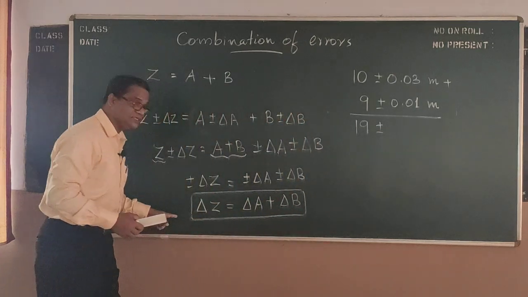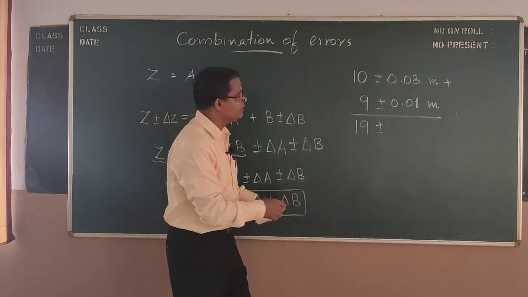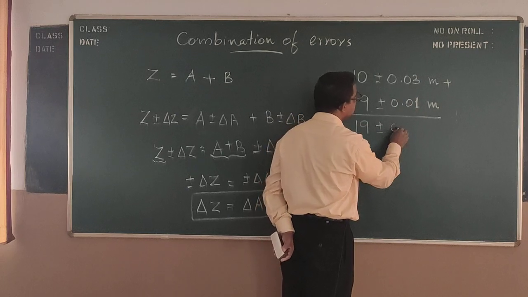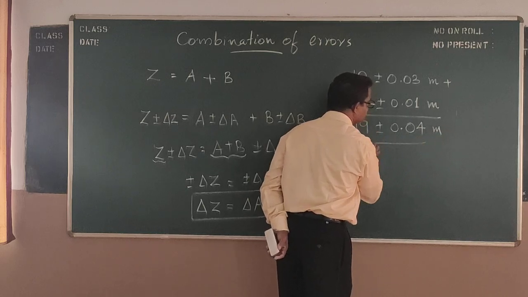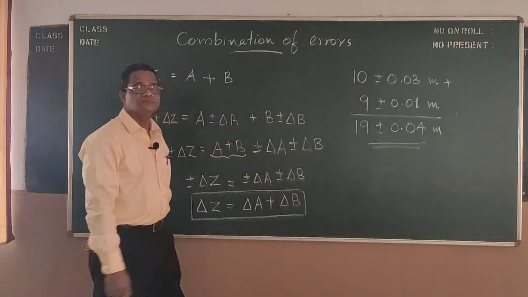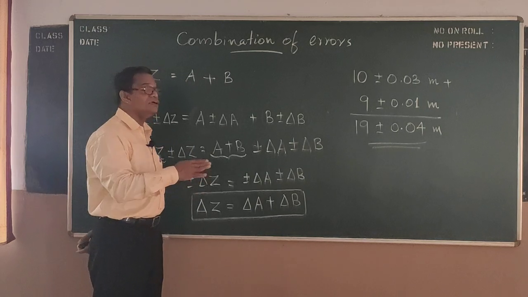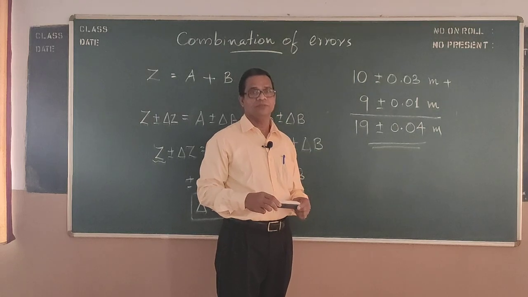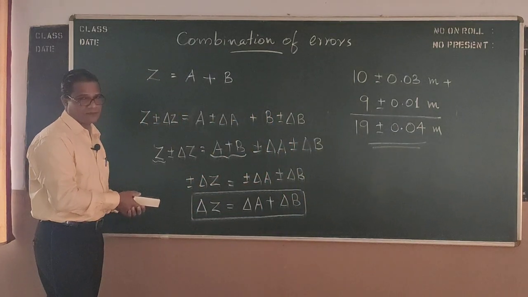Now you apply this condition. Maximum possible error is delta A plus delta B, that is delta A1 plus delta A2, which is 0.05 meter. This is what we do for finding the total length of the rooms, just for applying the result.